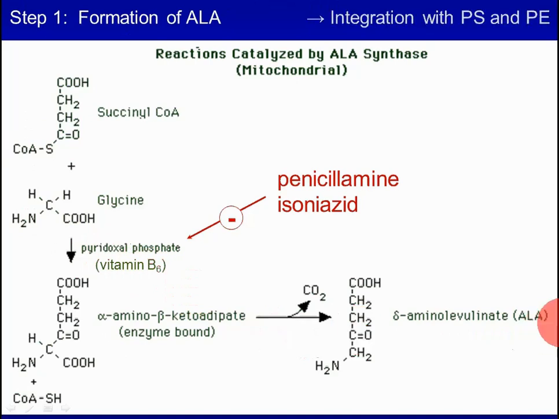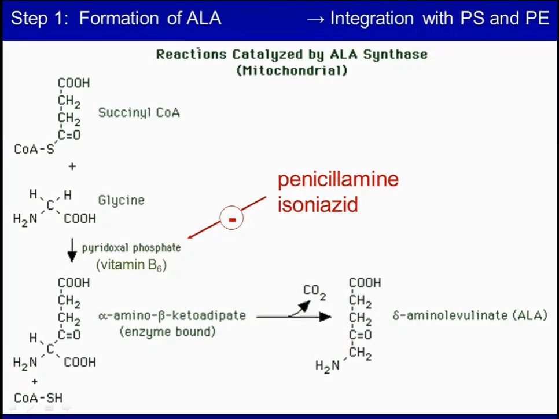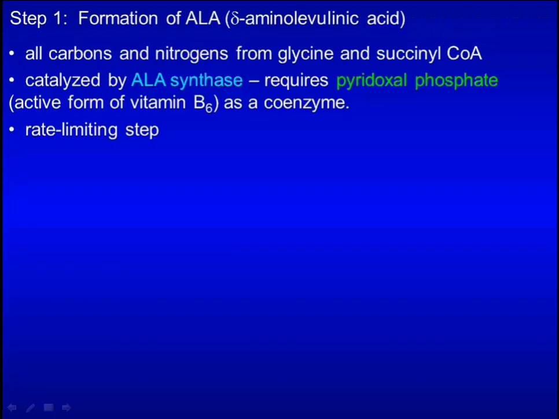Here is integration with phospholipids. Decarboxylation of phosphatidylserine also requires pyridoxal phosphate. Two drugs interfere with pyridoxal phosphate, penicillamine and isoniazid.